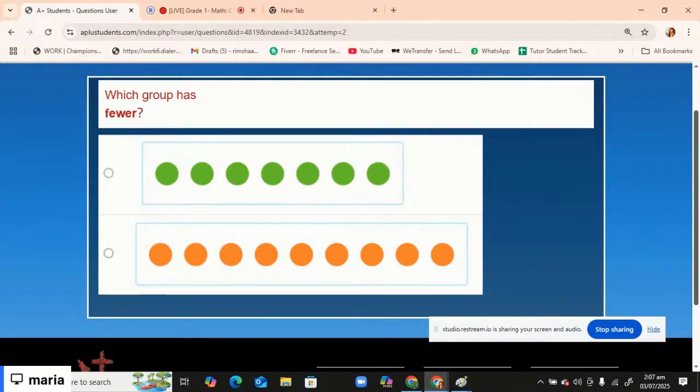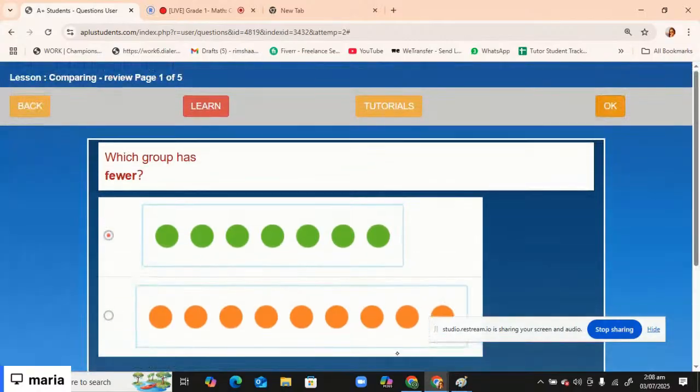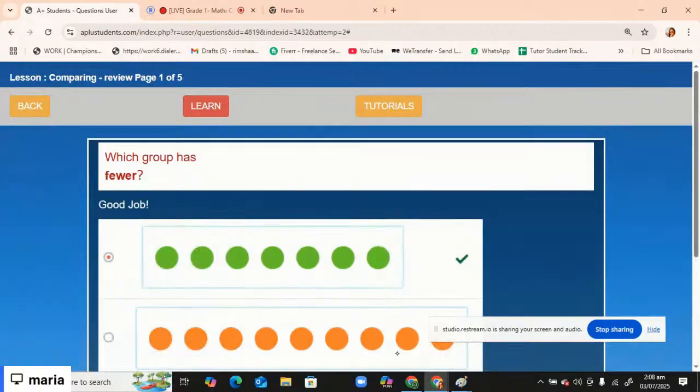Green dots or orange dots? So, here option one is fewer as compared to the second option. So, let's go. Very well done, everyone.